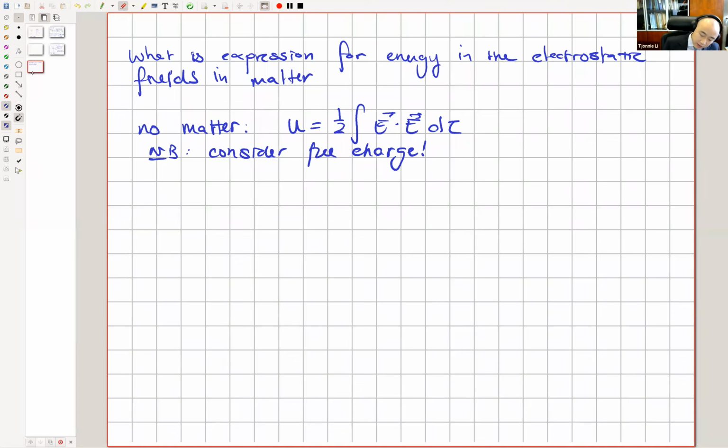That's the same way we started with getting the energy density for the electric field. That is by asking the question, how much energy does it take for me to bring one charge into another situation?